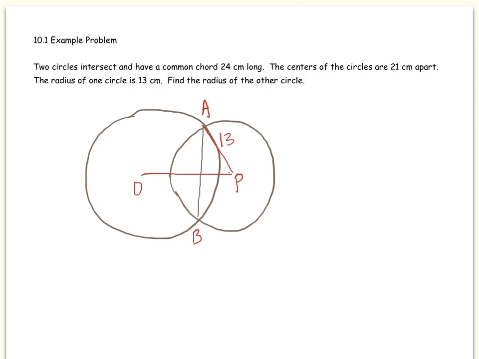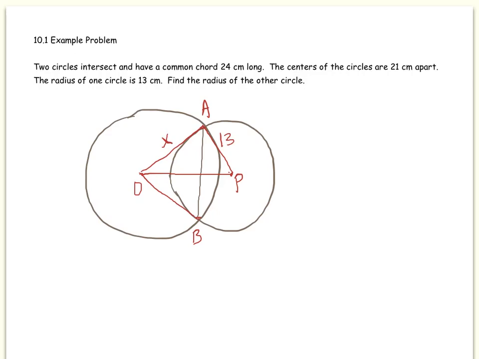So let's think of P being equidistant from the endpoints of A, B, and also O is equidistant from the endpoints of A, B, because those radii would all be congruent in there. OB, OA, and then AP, BP. So if this is 13, we're trying to find OA.